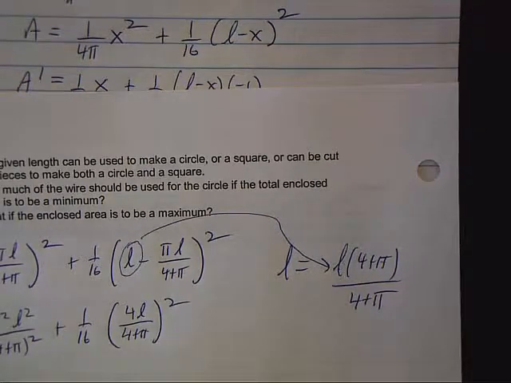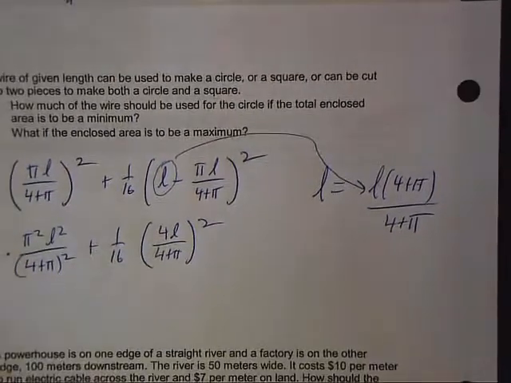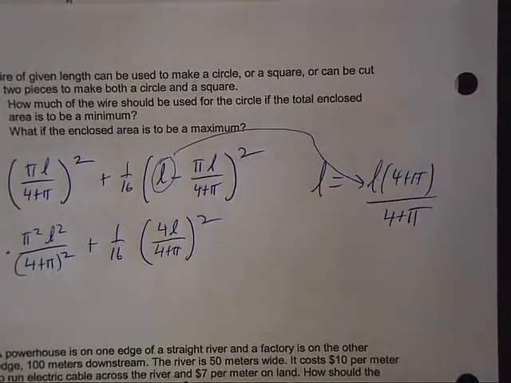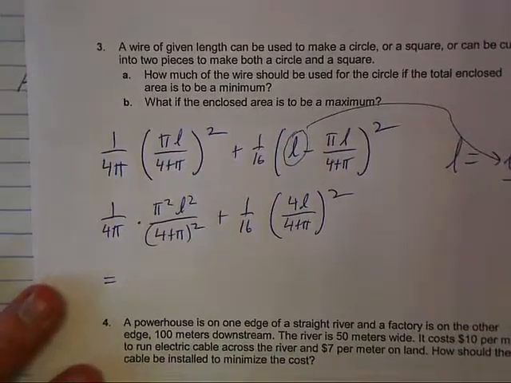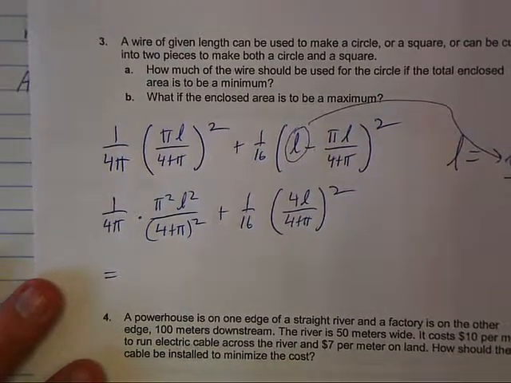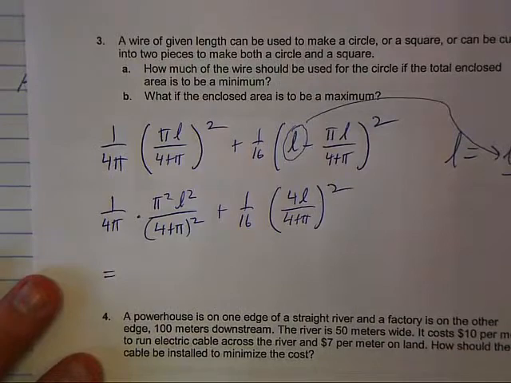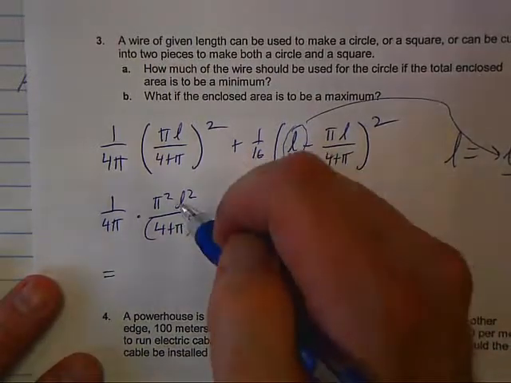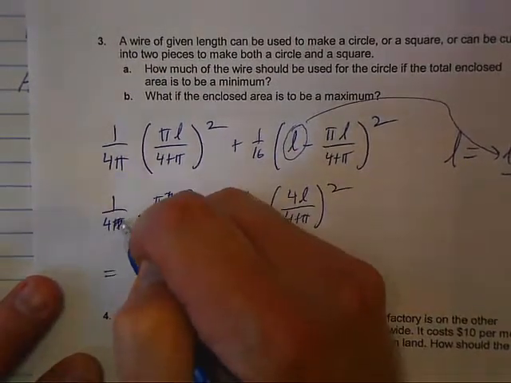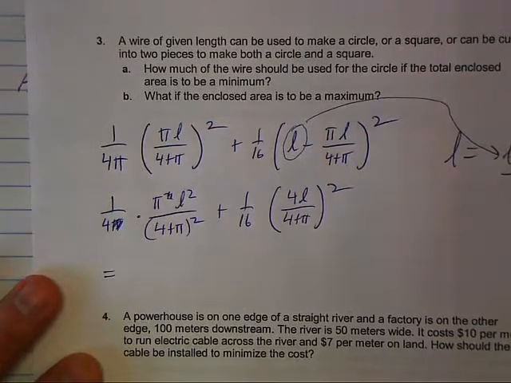So that's kind of nice. Let's see what else we can do. Maybe we'll get lucky and things will cancel. I can cancel this pi with that pi, can't I? I don't see much else I can do, though.